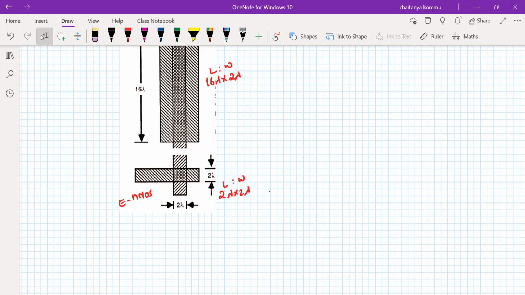The question is, what if you increase the width of the channel, or, by varying the different lengths of the transistors, what may be the effect that we can see? That's what the question is.